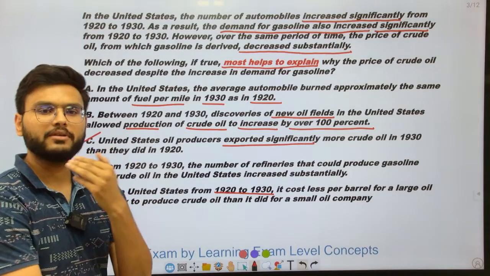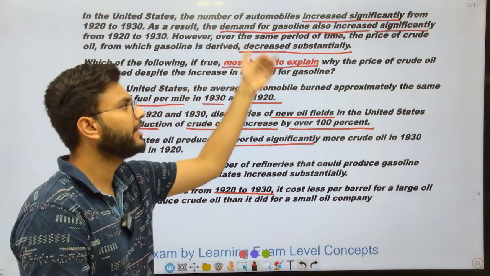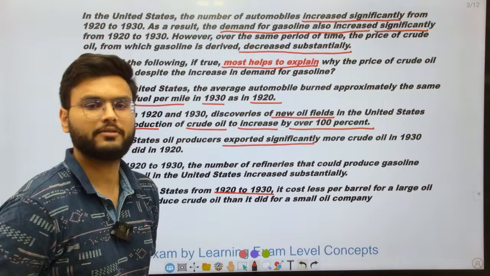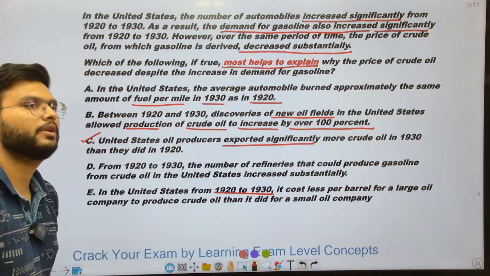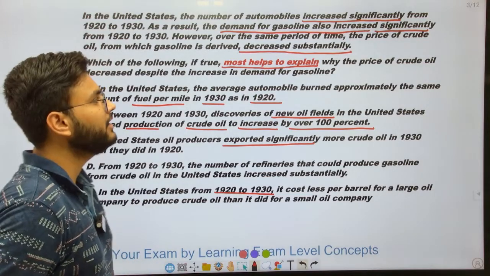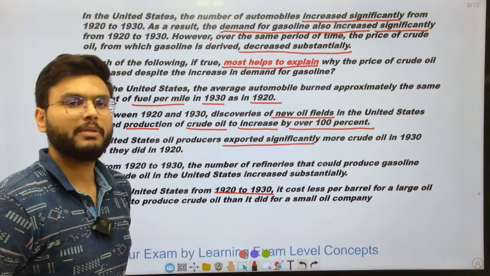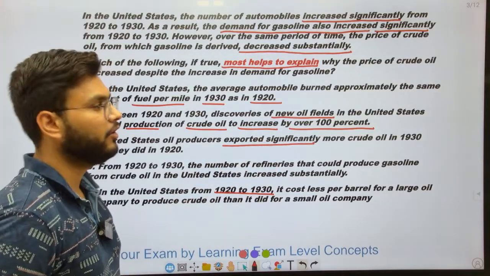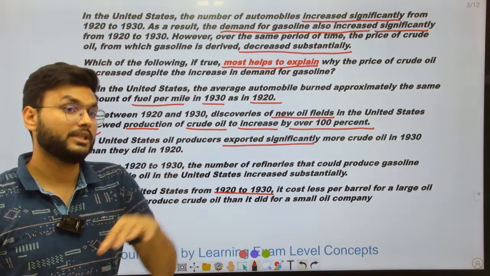In general, if the number of automobiles increases, the demand for gasoline also increases significantly. But on the other hand, if demand is increasing, what we generally know is that price would also have increased. But here something else is happening: rather than an increment in price, my price is decreasing. Now you need to tell me what is the reason that caused that decrement in price.